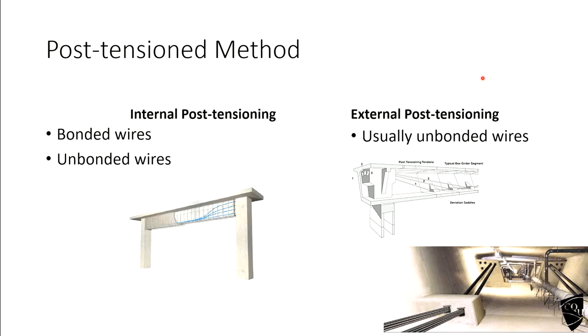Those who are interested in the unbonded case, that means external post-tensioning or internal post-tensioning with unbonded wires, we should use different theories. Because it's not bonded, the strains cannot be equated straight away, so we need to find the loads. We use the balancing of loads in each curvature. It's a little bit more complex, so it's not covered in this one.